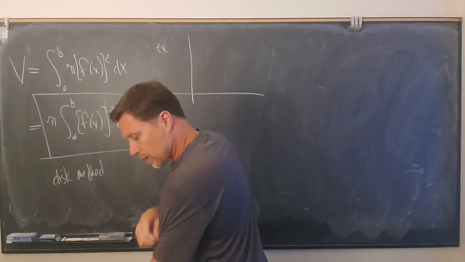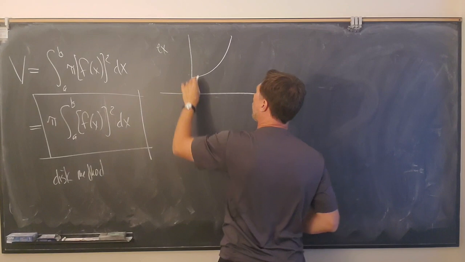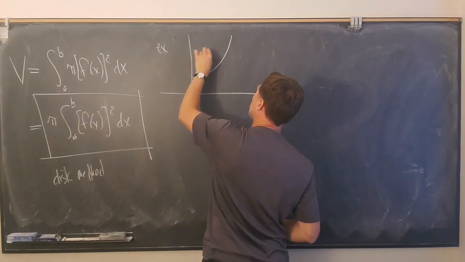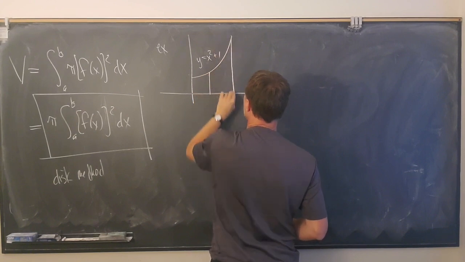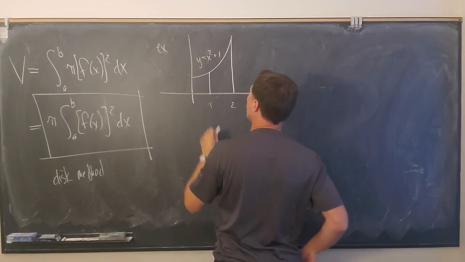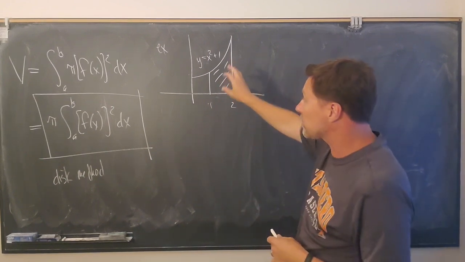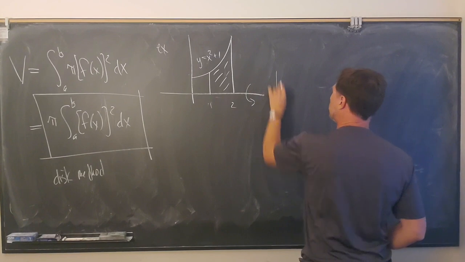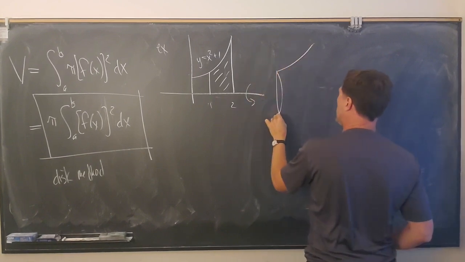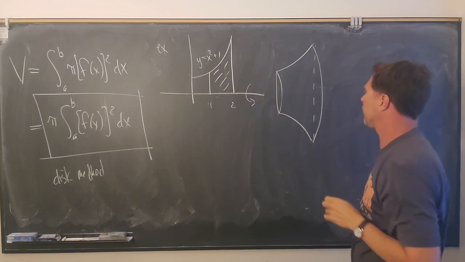Let's look at the region where this is the graph y equals x squared plus 1, and let's look at the region that lies over the interval from 1 to 2. So what I want to do is take this region right here and revolve it around the x-axis. And so what we'll get is a shape like that.